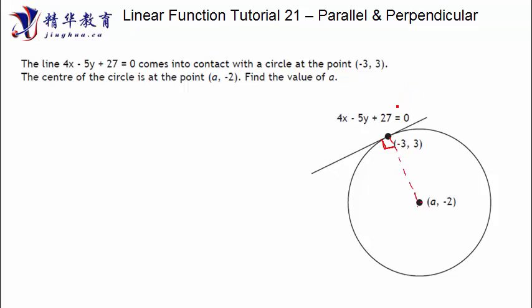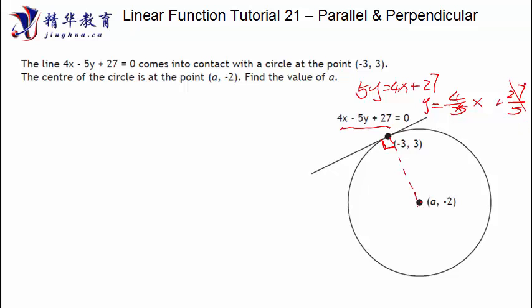So how do we find a here? In order to find a, we need to find a line equation. If we don't have a line equation here, we cannot find a. So how do we find the line equation? Easy. We have a perpendicular line here, right? That means we need the slope of this line. Moving 5y to the other side, 5y equals 4x plus 27, and then y equals 4 over 5 x plus 27 over 5.